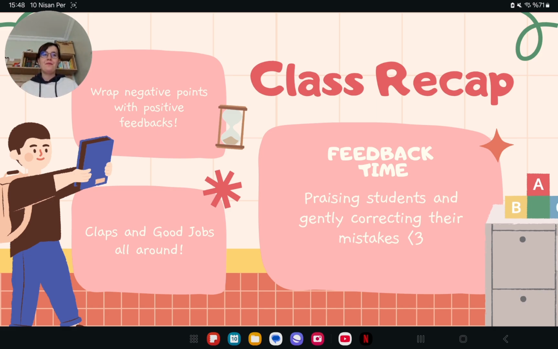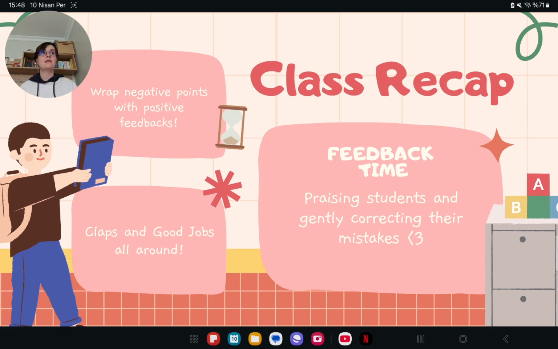Please try to wrap it up with three positive things, like the sandwich method. This is the negative thing, and these bigger ones are the positive things. Try to wrap it around that, so students can feel more confident and will be brave enough to come up to the later lessons.